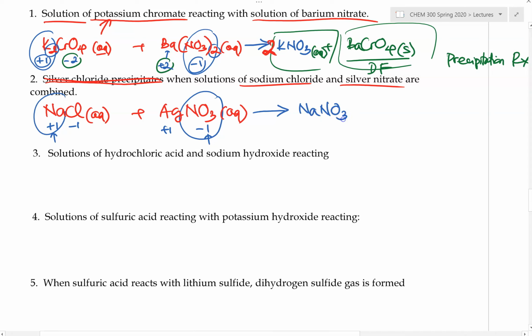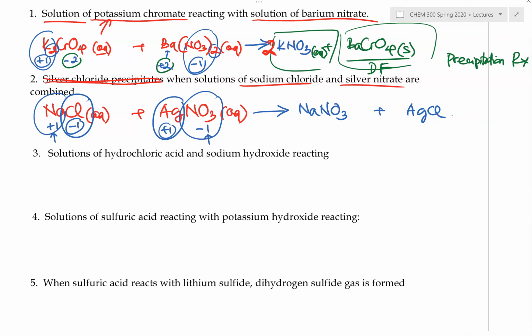That will be the formula of the first product. The other product is when silver comes in to bind with the chloride. Because silver is +1 and chloride is -1, again they come together in a 1-to-1 ratio to produce AgCl. So these will be the products, assuming the reaction is going to happen.